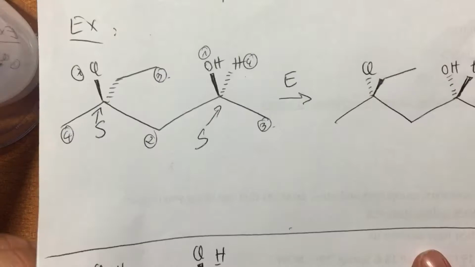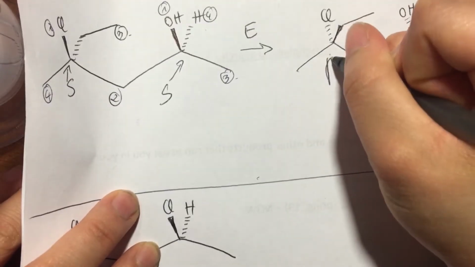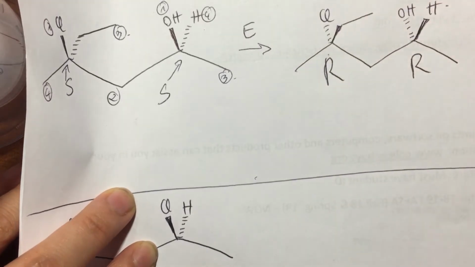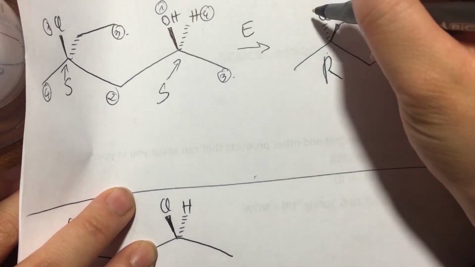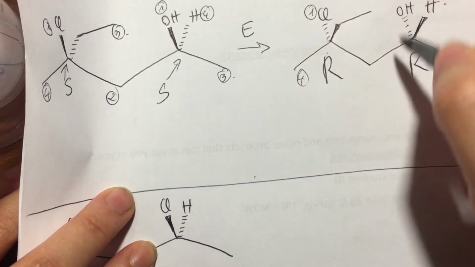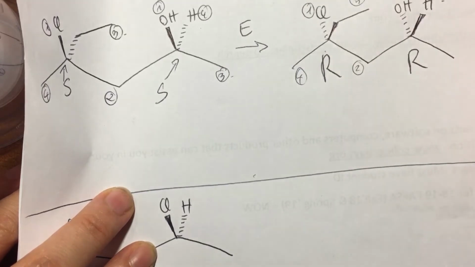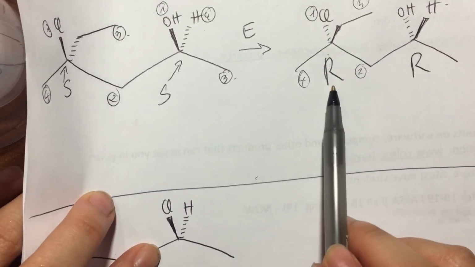So if this is S configuration and this is S configuration, this will flip to R configuration, and this is also R configuration. You can check it out and try it out to see if it's true. So I have this is 1, this is 4, this is 2, and this is 3. If I imagine myself standing here, I have 1, 2, 3 going clockwise, so this is for sure an R configuration.